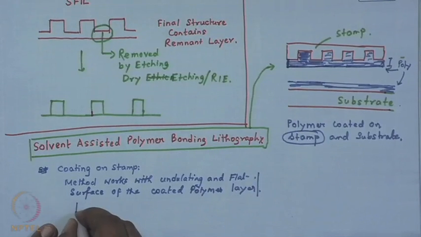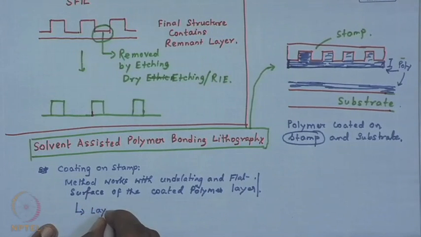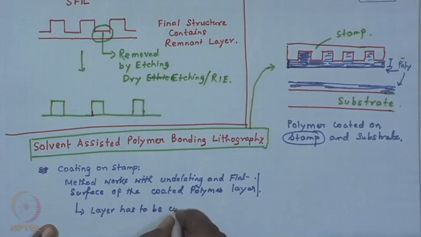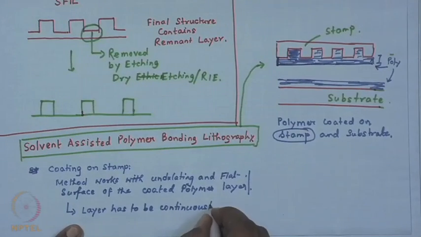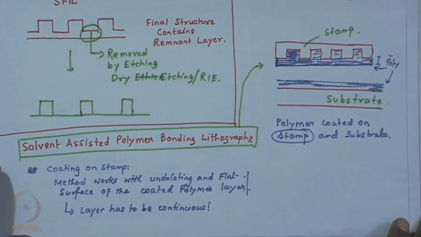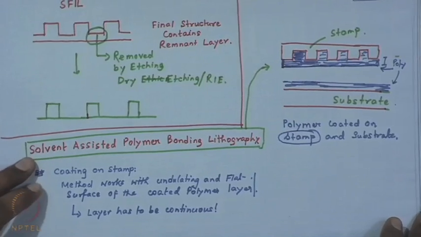The key requirement is that the layer has to be continuous. With the first situation where we talked that the concentration is too low and you have isolated structures, then it of course does not work.